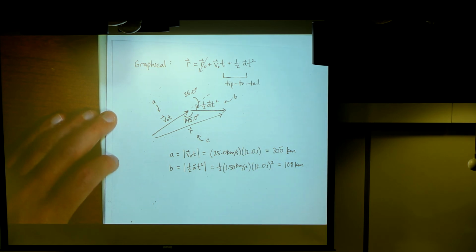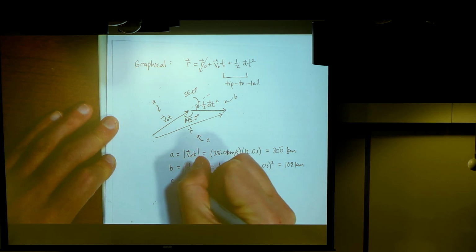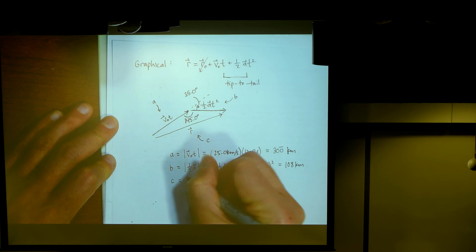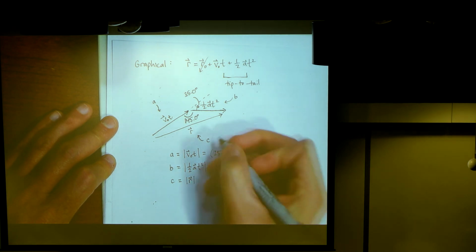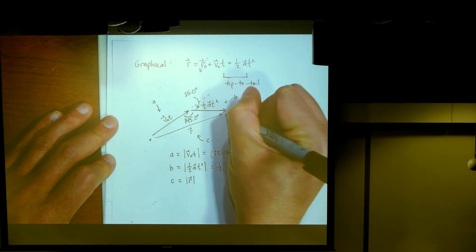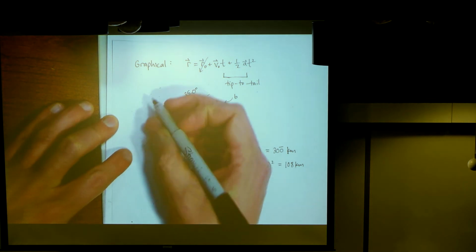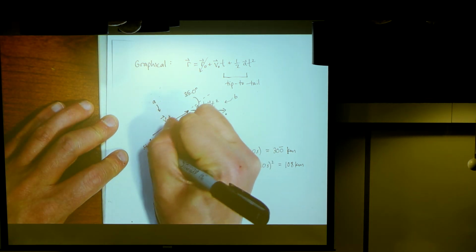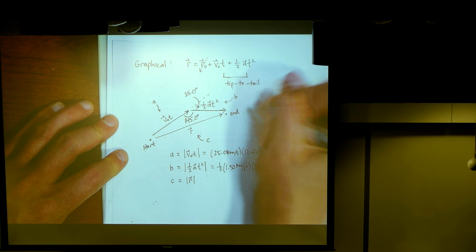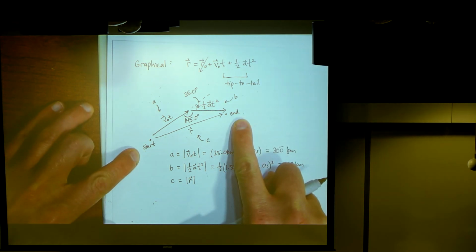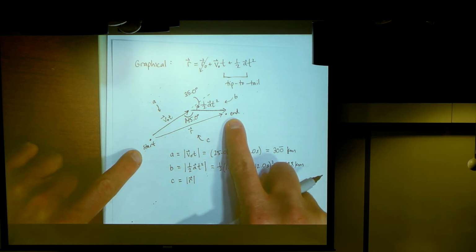Okay, what about side length C? That's the magnitude of our vector r. And just remember what this vector is doing. It takes you from the starting point to your ending point. And what we want to know is the distance between the starting and ending point.